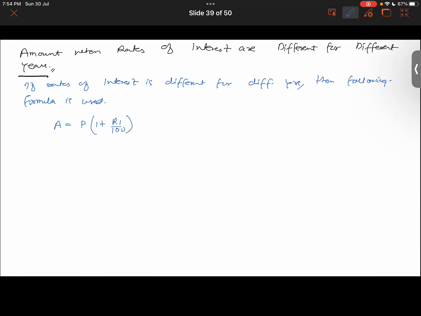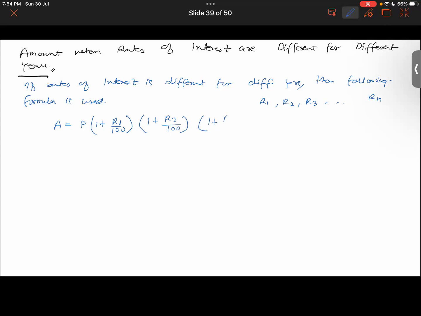Let's say it's for 2 years or 3 years, or we don't know the number of years for which we are required to calculate the amount. For the next year it will be (1 plus R2 upon 100). Since the rates are different, we call them R1, R2, R3, and so on up to Rn.